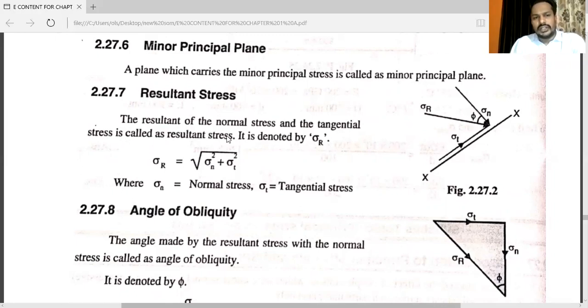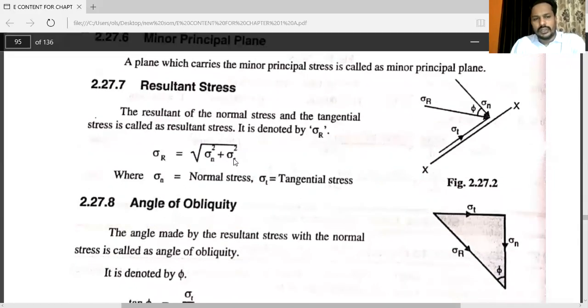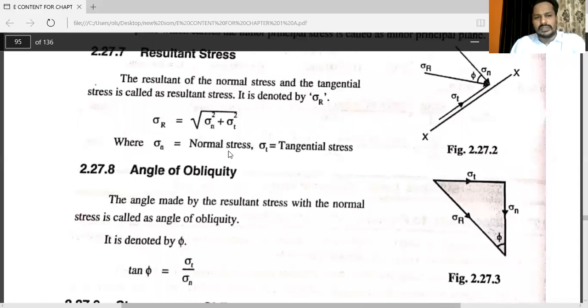The resultant of normal stress and tangential stress is called resultant stress. It is denoted by sigma r. So sigma r is equal to under root of sigma n square plus sigma t square, where sigma n is normal stress and sigma t is tangential stress.